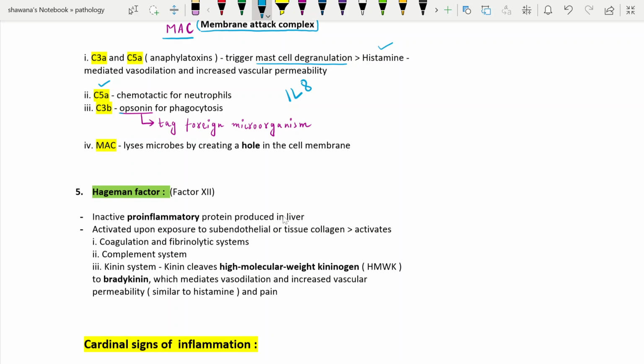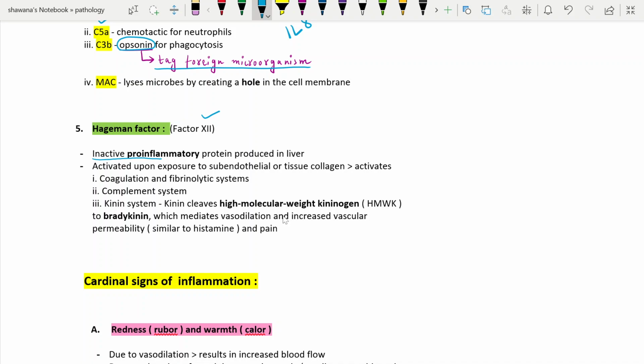Another mediator of acute inflammation is the Hageman factor. It is also an inactive pro-inflammatory protein, and it is produced in the liver. How is the Hageman factor going to be activated? It activates upon exposure to subendothelial or tissue collagen, and this Hageman factor is going to activate three systems.